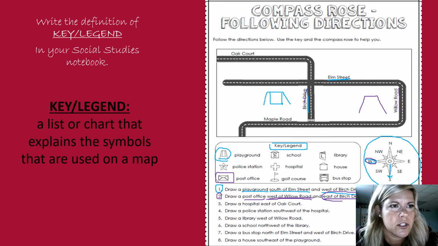Well, here is Birch Drive. East means it needs to be to the right of Birch Drive. So over here. So as long as we're in between these two streets, we're going to be west of Willow Road and east of Birch Drive. Okay, so now we can draw our envelope symbol somewhere in here.